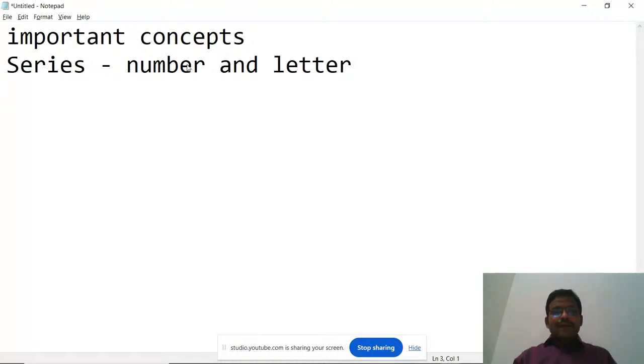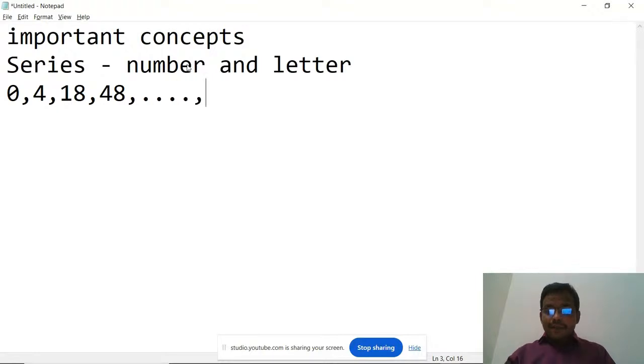Generally, whenever they give a sequence of numbers, for example 0, 4, 18, 48, dash, 180, we have to find the missing number in the given sequence. Sometimes the next number in the given sequence; that is called a number series.